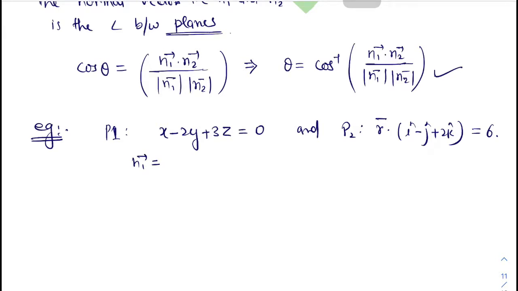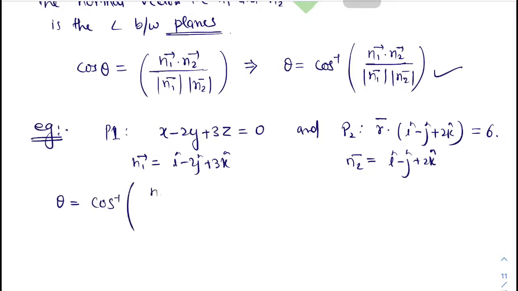Let us consider normal vector n1, which is the normal of plane p1. So this will be i minus 2j plus 3k cap, and the normal of the second plane will be i minus j plus 2k cap. So we can write this angle to be cos inverse of n1 dot n2 divided by the product of their magnitudes.